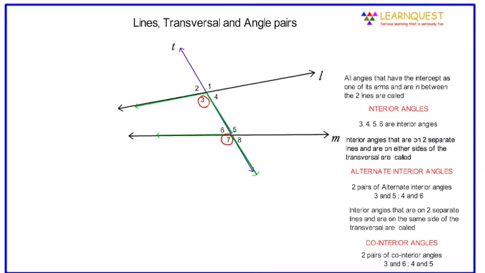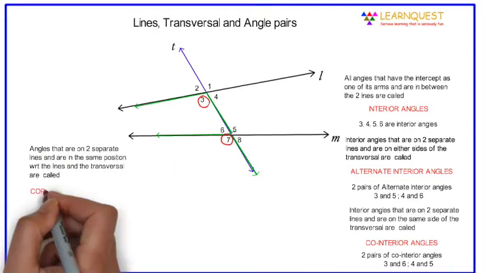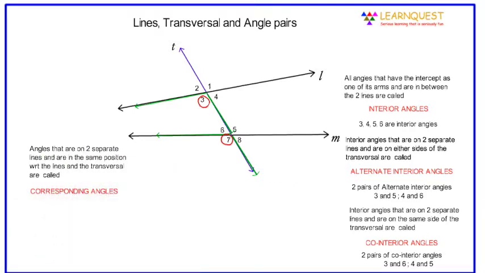They are both on separate lines. 3 is on L and 7 is on M. But they are both below the lines. So we can say that this pair of angles has the same position with respect to transversal as well as lines. Such angles are called corresponding angles. They have the same position with respect to the line and the transversal.